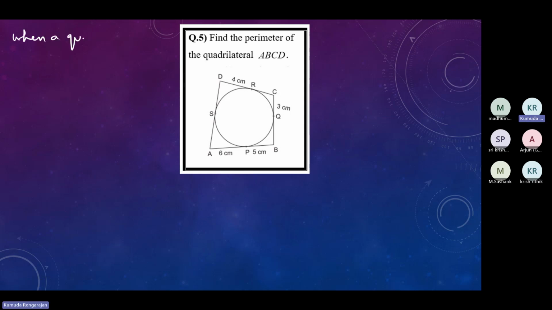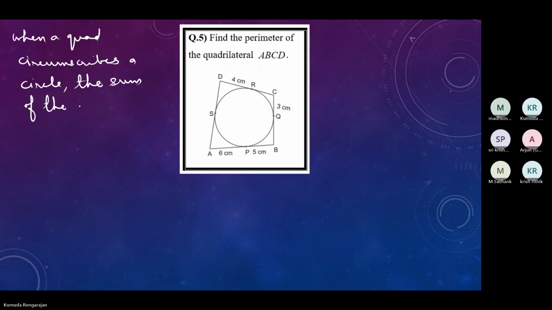When a quadrilateral circumscribes a circle, the sum of the opposite sides are equal. So which are the opposite sides of the quadrilateral?